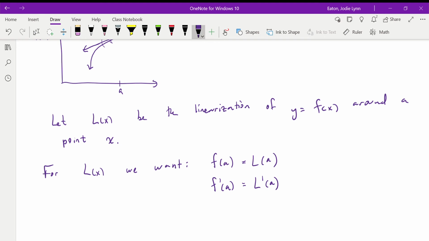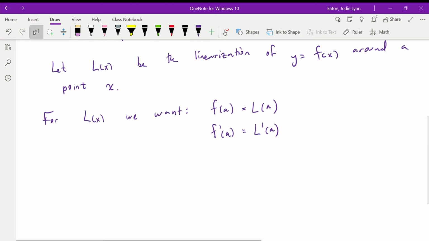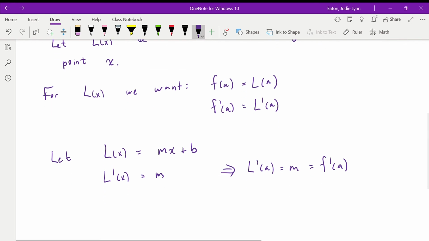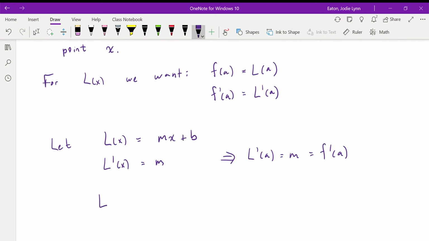So let's let L of x equal mx plus b. L prime of x is going to equal m. So because we want L prime at a to be f prime at a, L prime at a is equal to our m, which is equal to f prime of a. So that's the slope of our line. So we want the linearization at a to be the same as f at a.